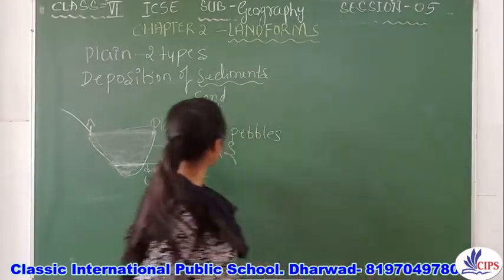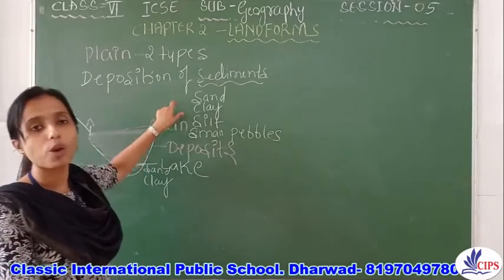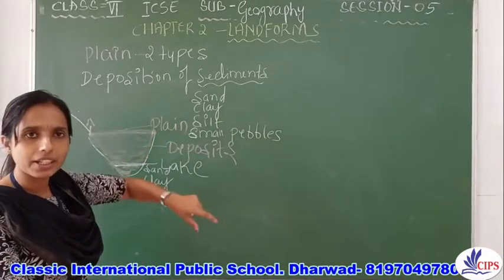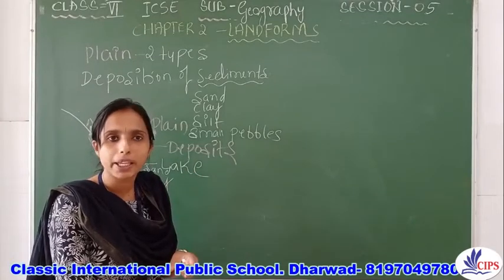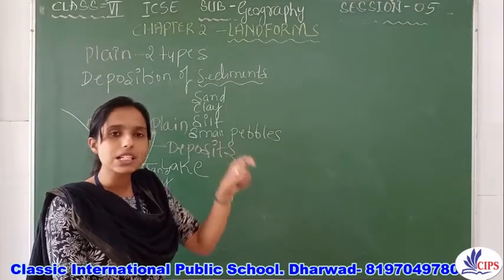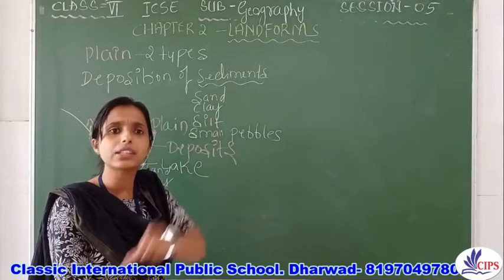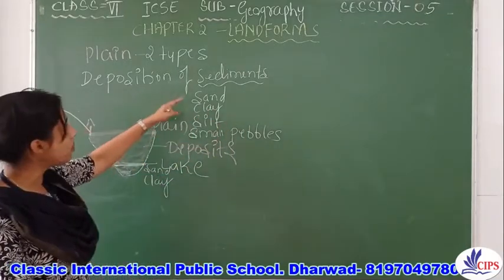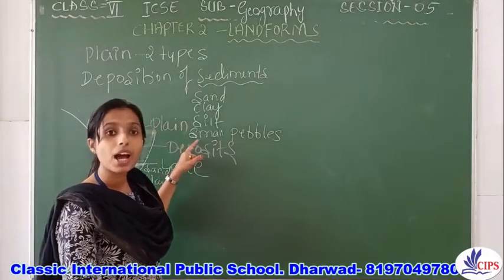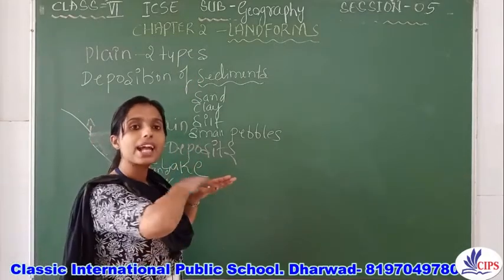And depositional plain is one of the common things throughout the world. Even in India, the northern plains of India is a depositional plain. Why? Because rivers like Ganga, Yamuna, Kosi, Gandak, all the Himalayan rivers bring with them all these sediments and deposit them in that area.